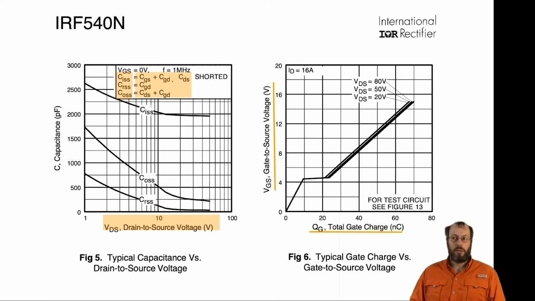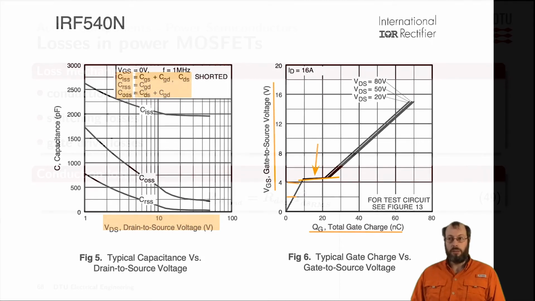We had the threshold voltage of the device between 2 volts and 4 volts. Above that threshold voltage, we can see the so-called Miller plateau of the device. That Miller plateau is defining the voltage blocking characteristics across the field effect, across the drain source connection of the device, of our power transistor.